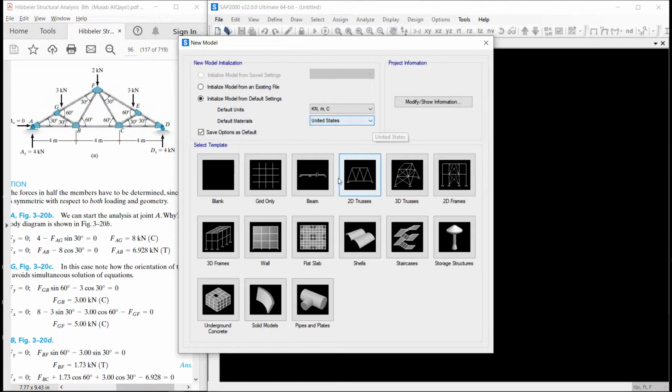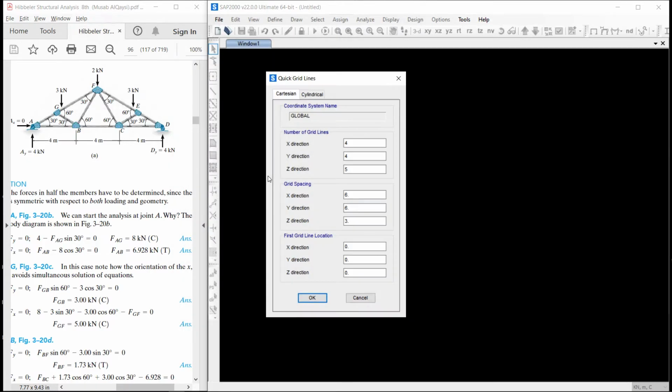Material, okay, United States, grids only. Now in the X direction there will be 7 grids. In the Y direction there will be only 1 grid. In Z, that is the upward direction, there will be 3 grids. Grid spacing in the X direction will be 2 meters.